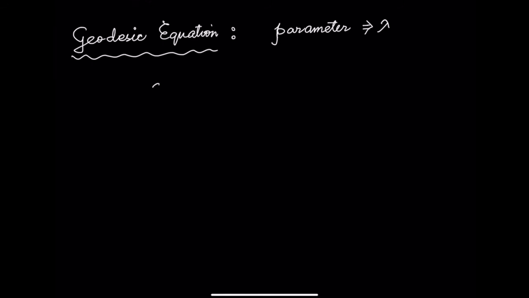Okay, so d2t d lambda 2 plus, this is the first equation that we are writing down, and let me put in the c square here.